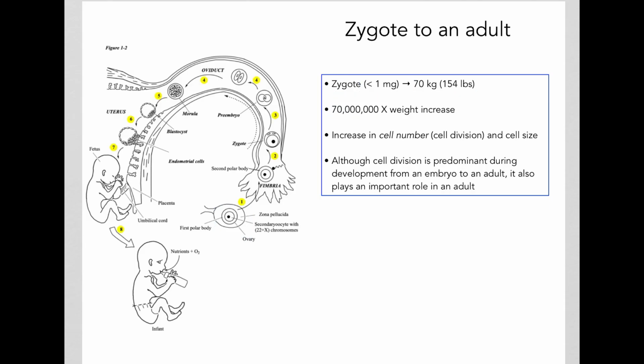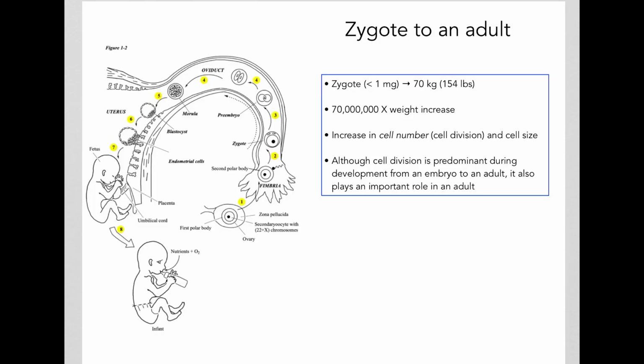So this increase in weight happened because there was an increase in cell number. That is, the cell divided into 2 cells, 4 cells, 8 cells, and so on. And then there's also an increase in the size of the cell.